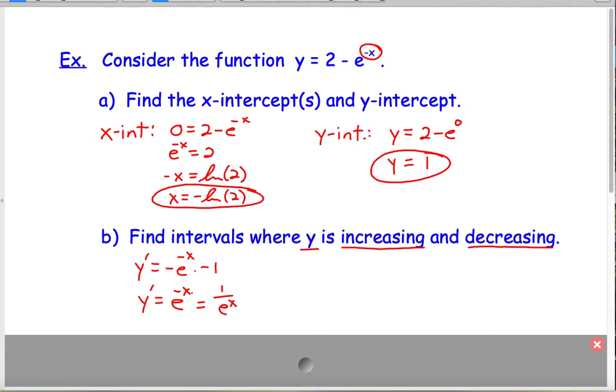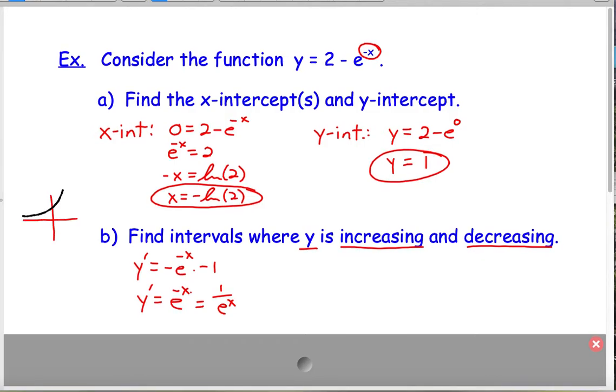Now 1 over e to the x, no matter what you plug in for x, remember what e to the x looks like. The domain is all real numbers. This is just y equals e to the x, and the range is all positive values, greater than 0. So that tells me that no matter what I plug in for x, this is always going to be positive, and then 1 over positive will always be positive.